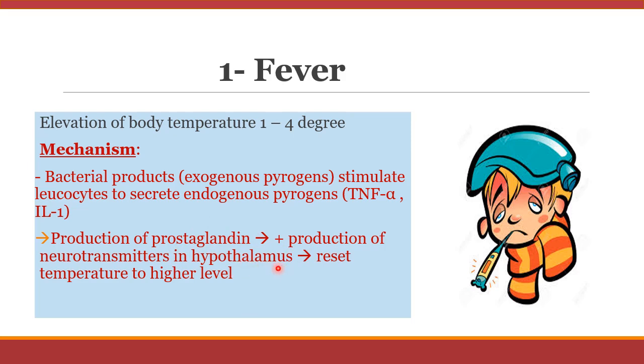When this happens in the hypothalamus, we will have a reset of the body temperature to a higher level, and this is why fever develops in acute inflammation. When a patient with an acute inflammatory condition takes non-steroidal anti-inflammatory drugs, they will reduce the fever by blocking the production of prostaglandins.